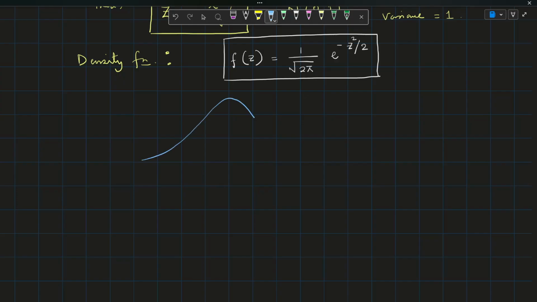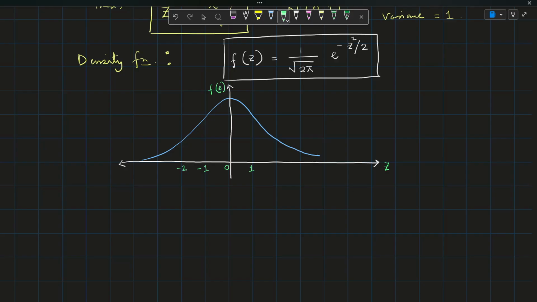The probability density function of a standard normal distribution will look somewhat like this, that I am trying to draw by hand, so pardon me for any mistakes. The y-axis is the f(z) probabilities and the x-axis contains z. See that mean 0 is in the middle, and on both sides I am writing 1, 2, 3, and on the left side minus 1, minus 2, minus 3.